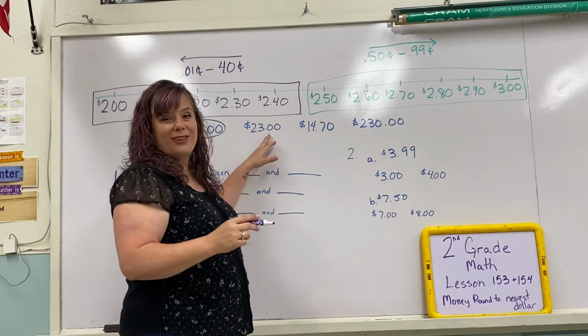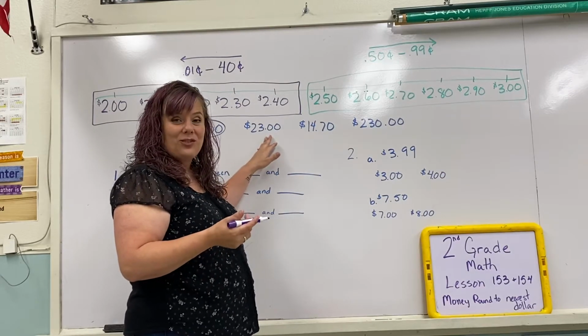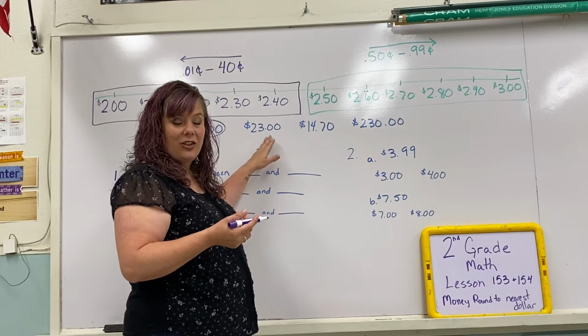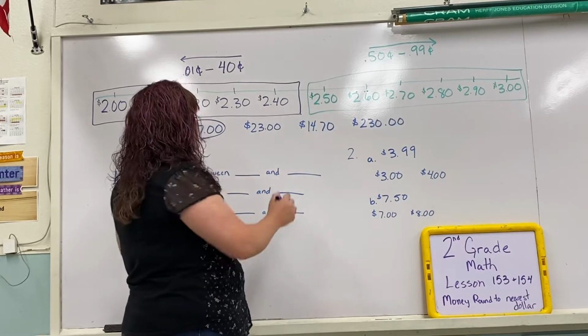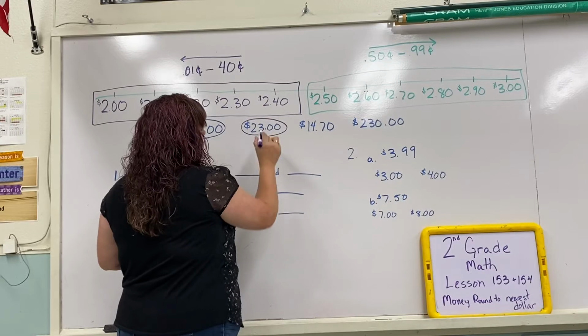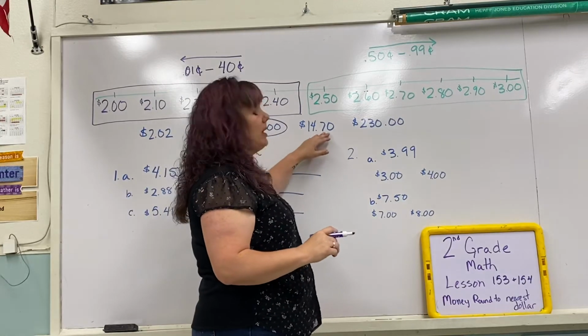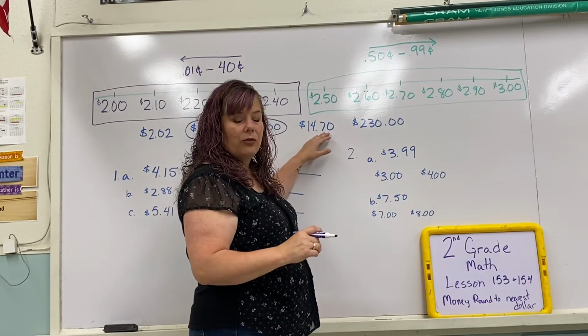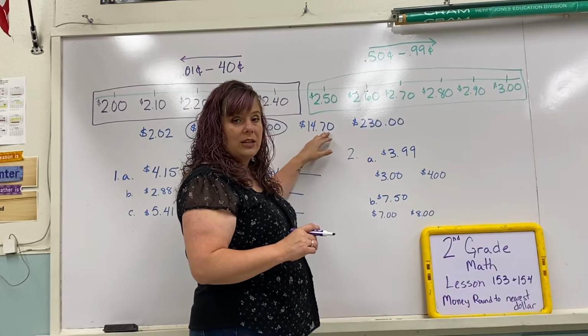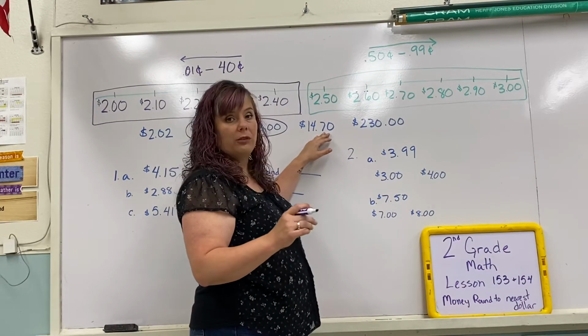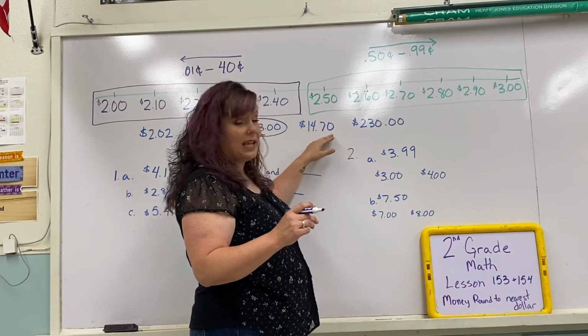What about $23? Is $23 rounded to the nearest dollar? Are there no cents? Yes, it is. It's rounded to the nearest dollar, so we're going to fill in under that one. Okay, the next one is $14.70. Is that one rounded to the nearest dollar? Remember, we know it's rounded to the nearest dollar if there's no cents.